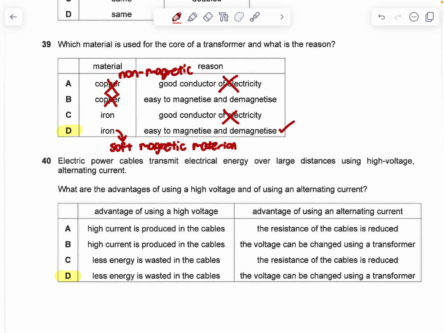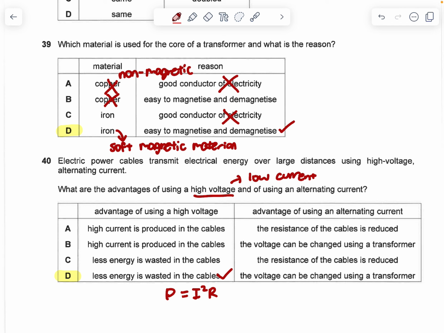Question 40. The electric power cables transmit electrical energy over large distances using high voltage alternating current. What's the advantage of using high voltage and of using alternating current? High voltage results in low current, and that reduces energy loss, which is, you know, the formula P equals I squared R. If we can use lower current, we reduce the power loss.